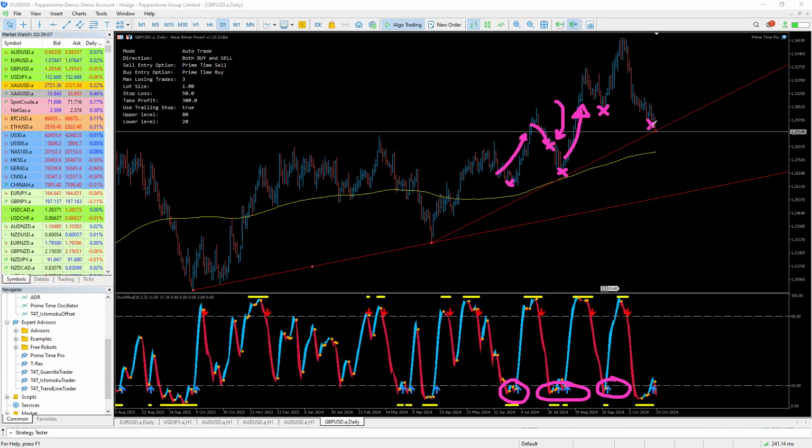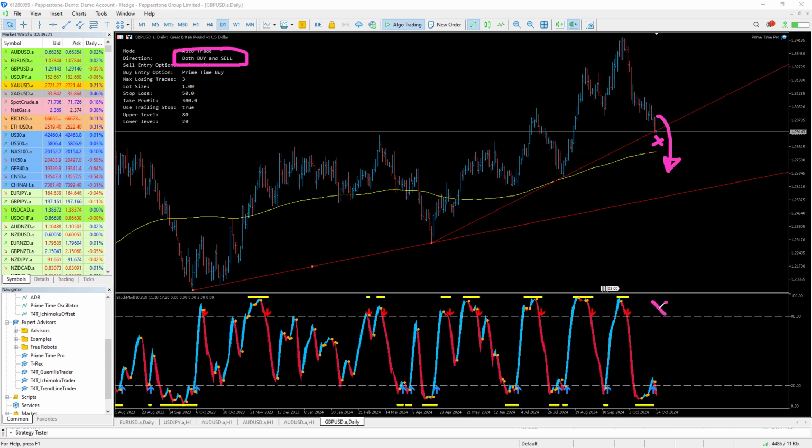I think it was buying probably just here. Now, that may have stopped out on the stop loss, but if I set this to both buy and sell, it will start selling automatically if the price is below the trend line and we get sell signals. So with longer term trends, it's a bit smoother with the operations.